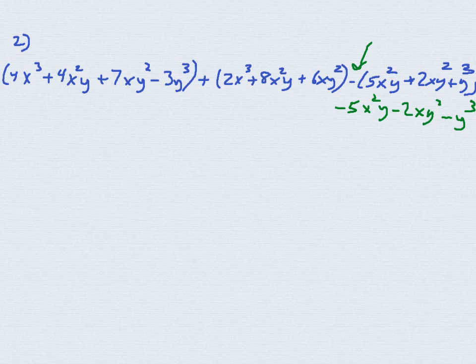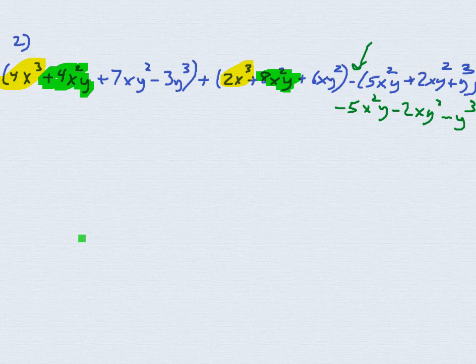So for example, I see an x cubed in the first bracket, which I'm going to ignore because there's nothing in front of it. And I see an x cubed in that expression. Those will be put together into one term. The x squared y, there's a positive 4x squared y in the first bracket. There's an 8x squared y in the second bracket.